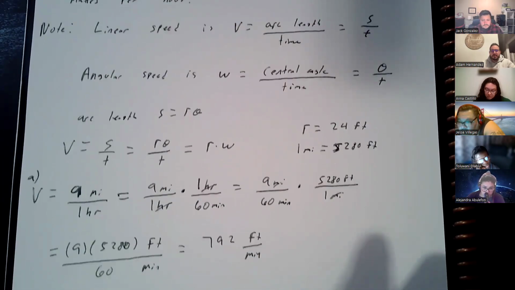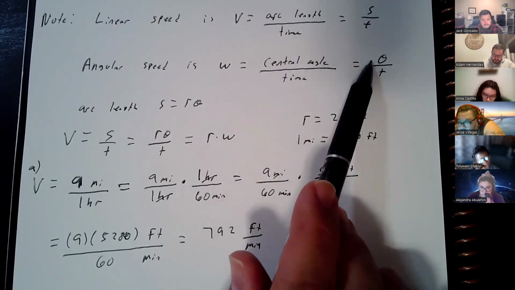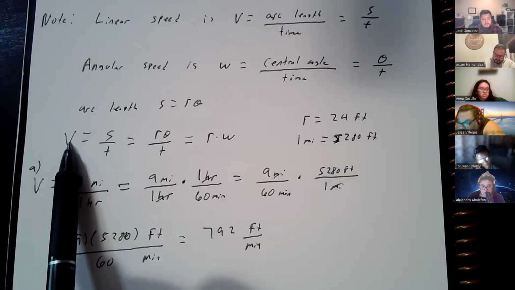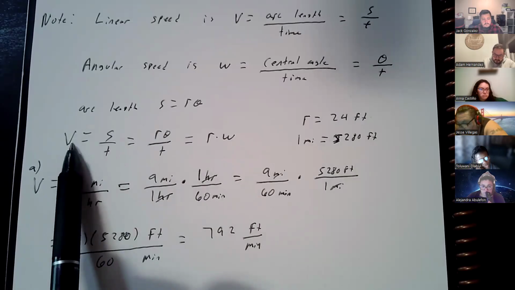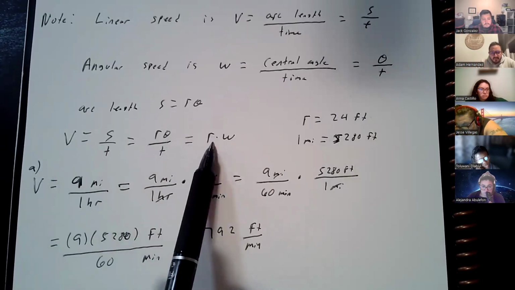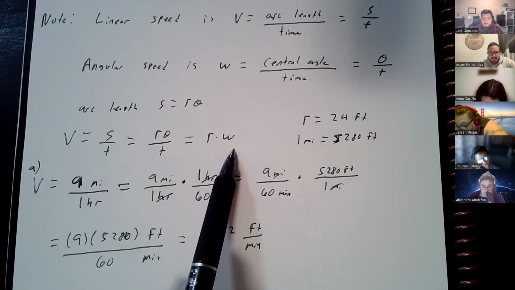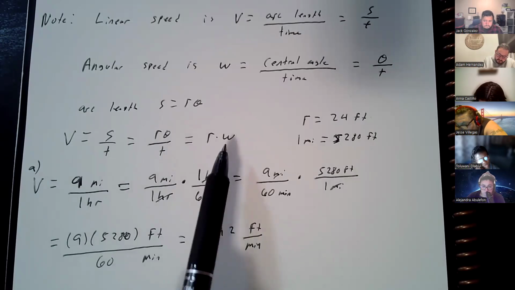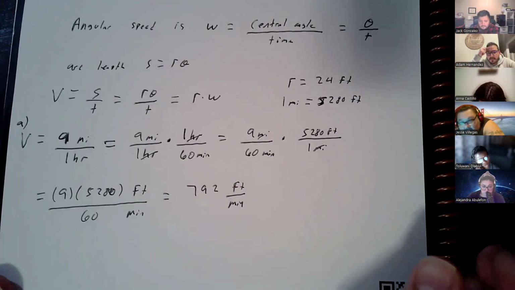But in order to solve it, we need theta, which we don't have. So we said, well, technically V is also equal to R times omega. We have the V, we have the R, we can solve for omega, right? You see what they're going with this, or why I set it up this way? So the reasoning is that right there.